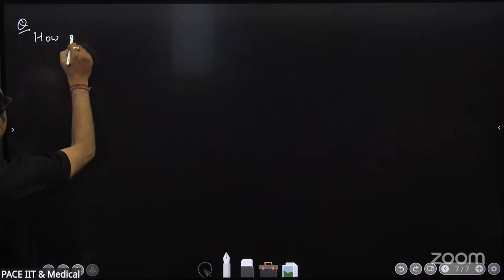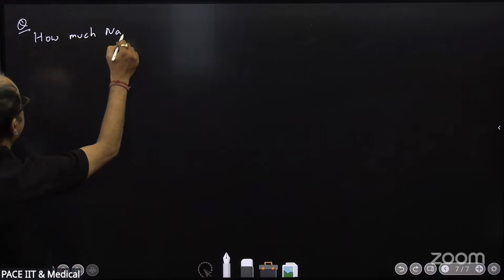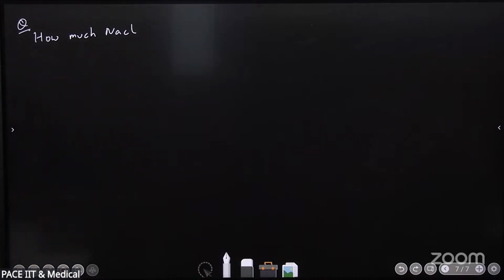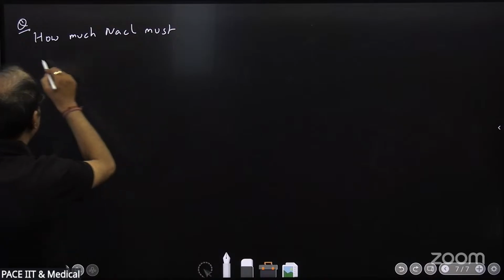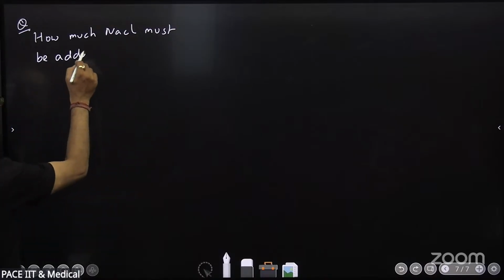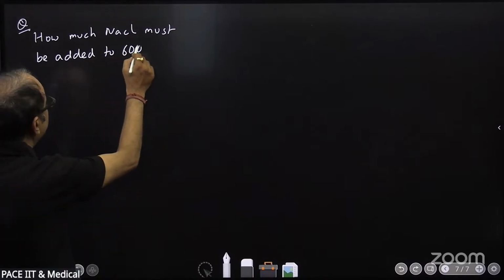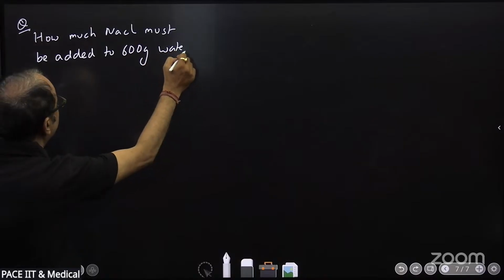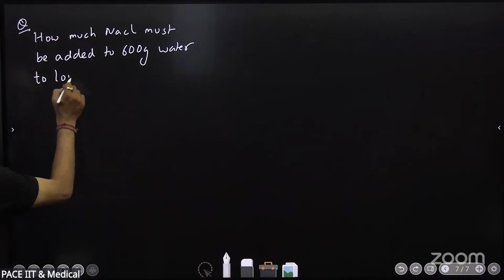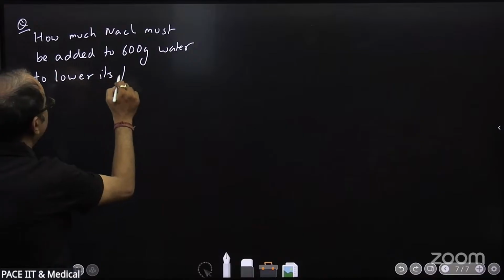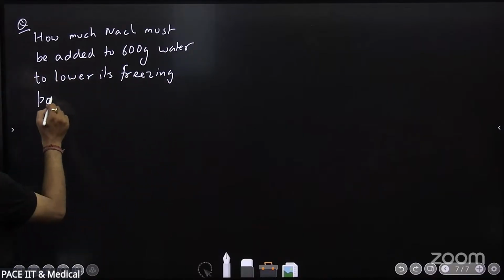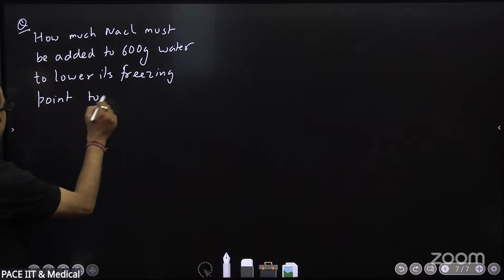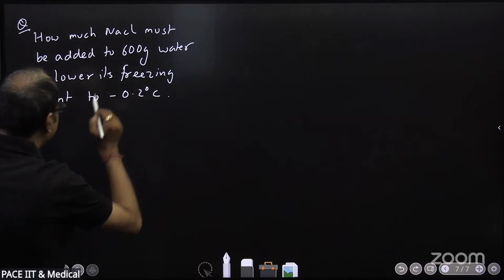How much NaCl must be added to 600 grams of water to lower its freezing point to minus 0.2 degrees centigrade?